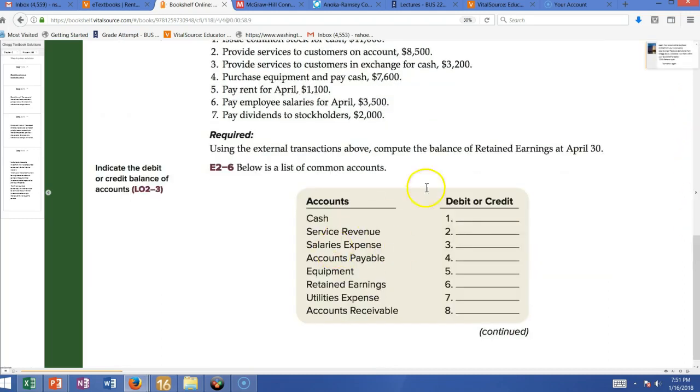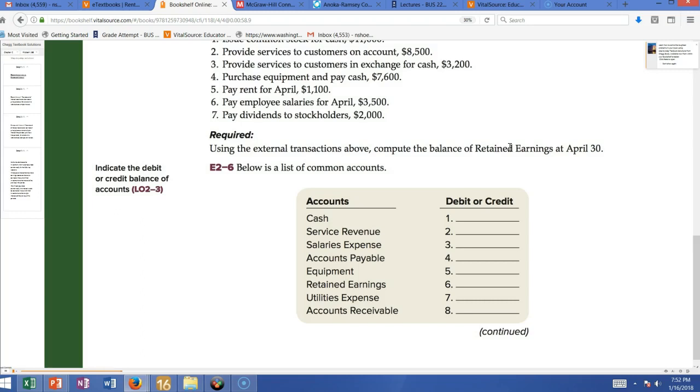So we have cash, debit; service revenue, credit; salaries expense, accounts payable, equipment, retained earnings, credit; utilities expense, debit, because it decreases our retained earnings, and to decrease retained earnings, you debit it, right? So expenses have a normal debit balance.